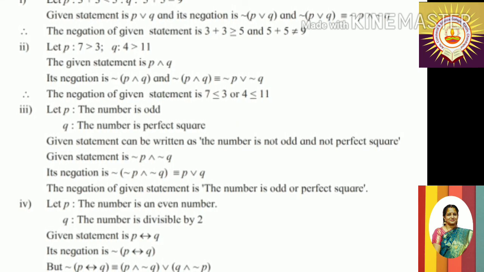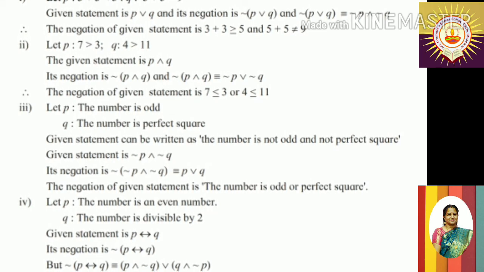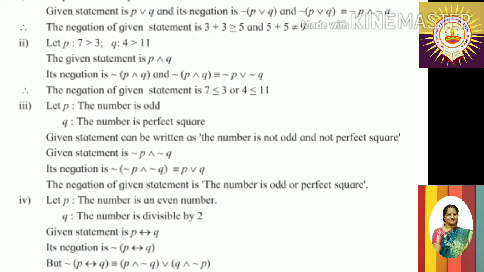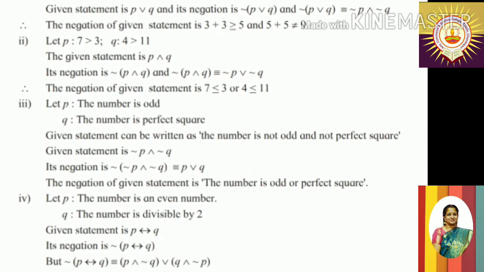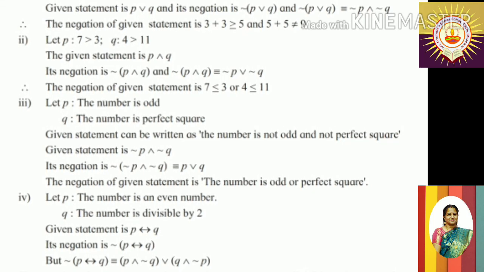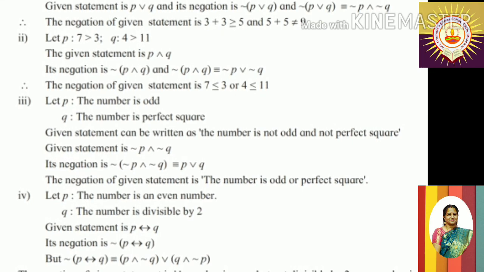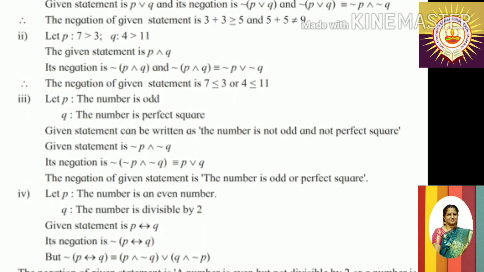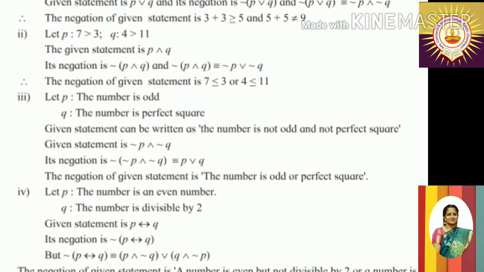Now what is the symbolic form of the given statement? There is 'neither nor'. So you can write the given statement as the number is not odd and not a perfect square. That is, the symbolic form of the given statement is negation P and negation Q.